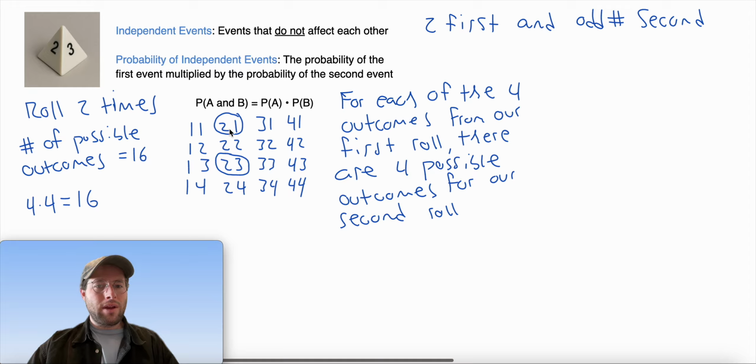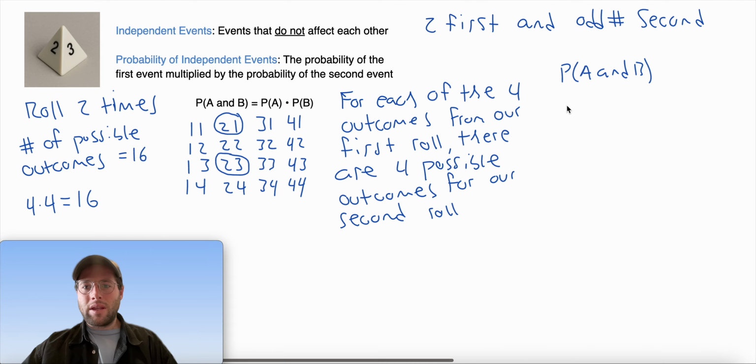So that's where we have A and B. And so we can calculate the probability of A and B by doing, I'm going to write this right here, P of A and B equals, well, we have two outcomes here, so 2 out of our sample space size of 16.